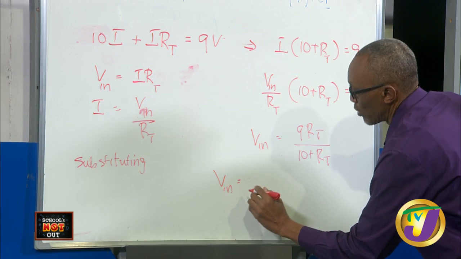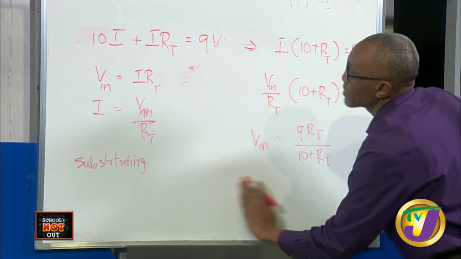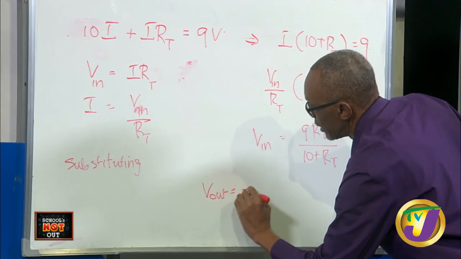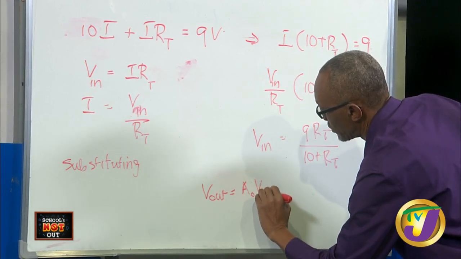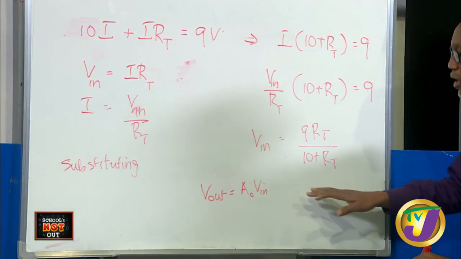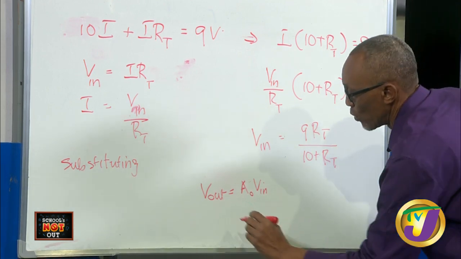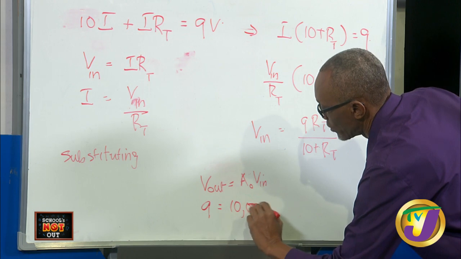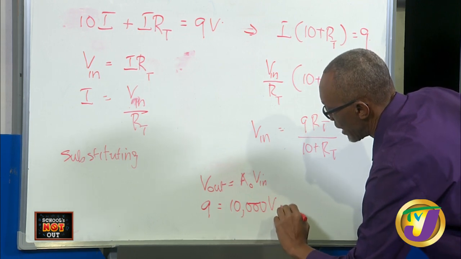We know that V out is equal to A naught times V in, so when this is 9 volts, this is 10,000 times V in.